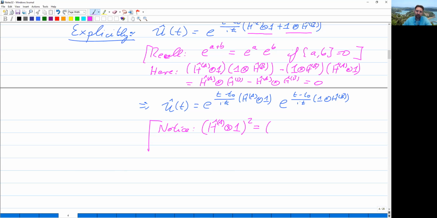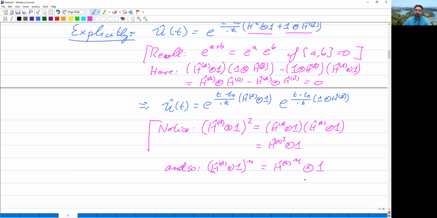Now, what is it? It's h hat A tensor 1 times h hat A tensor 1. And what is this? Remember, first times first, tensor second times second. This is h hat A squared tensor 1. Similarly, we have that h hat A tensor 1 to the power of n is equal to h hat A to the power of n tensor the identity.